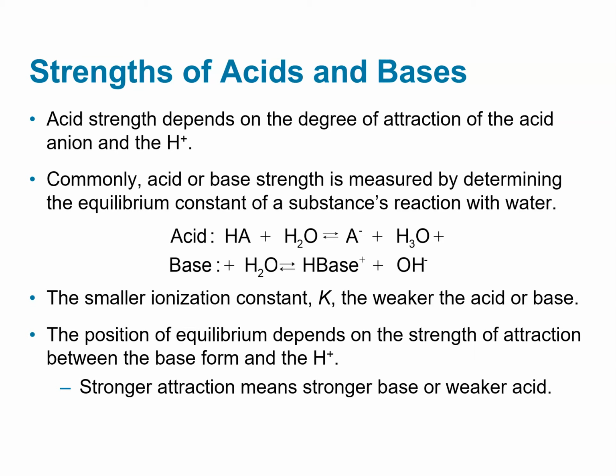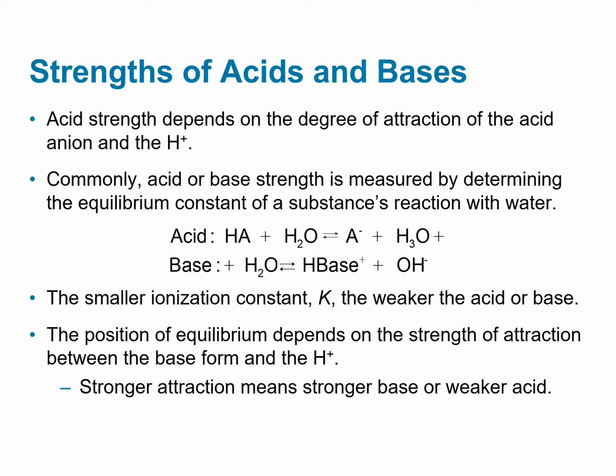How do we get into strength of acids and bases? How strong an acid is really depends on the degree of attraction of the acid's anion to its acidic proton. The more strongly the anion is attracted to that proton, the less likely it is to give it up.